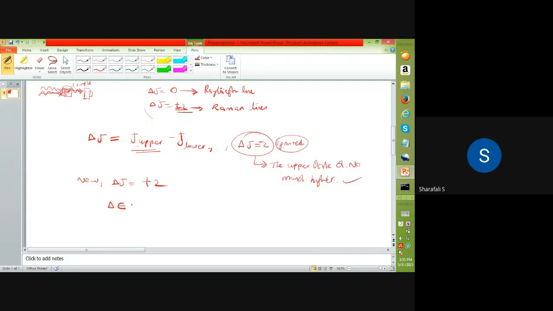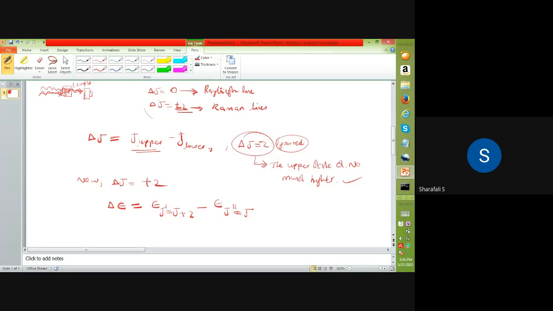This can be calculated as epsilon with J dash equal to J plus 2, minus epsilon with J double dash, the lower state quantum number. J dash is always the upper state quantum number, and J double dash is always the lower state quantum number. We already did this several times.